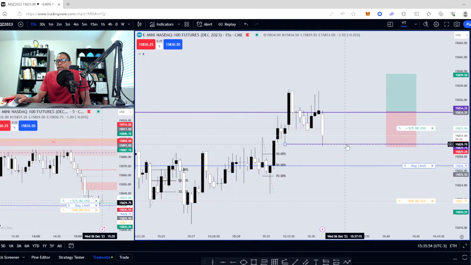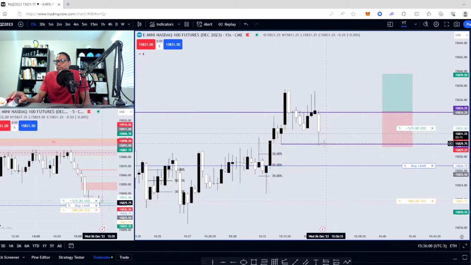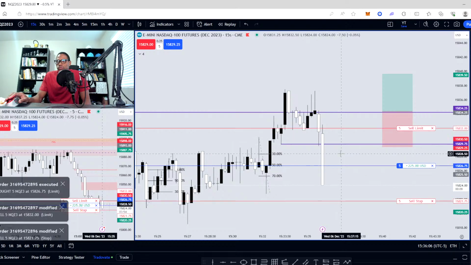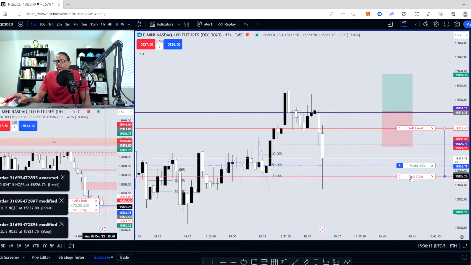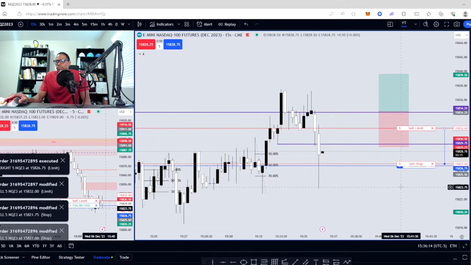Okay, so we now have that sweep of the low. It almost made a new high, but it didn't. Made an aggressive move down, sweeping the lows. And let's see if it'll continue that move. Ooh, okay. So it did.